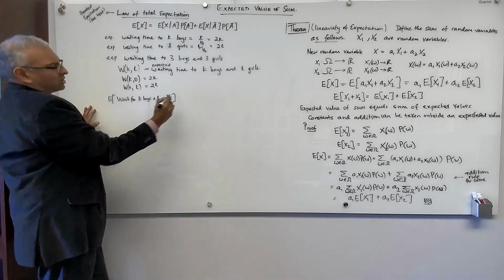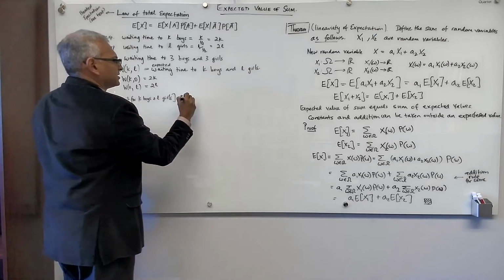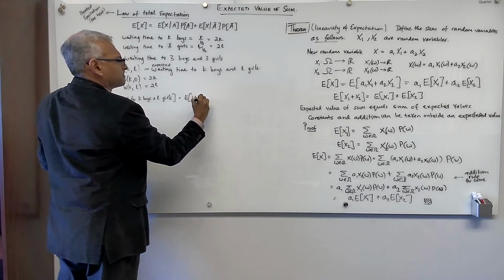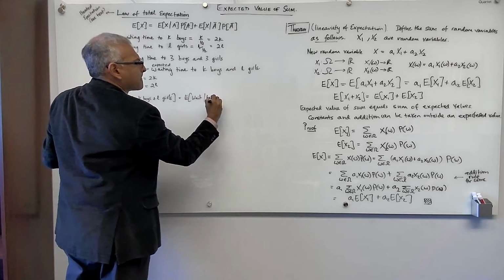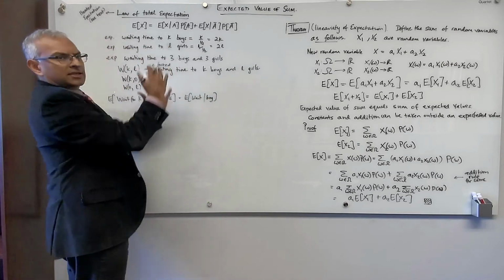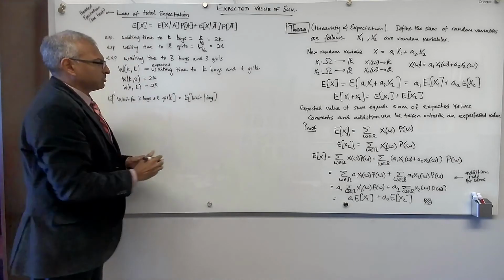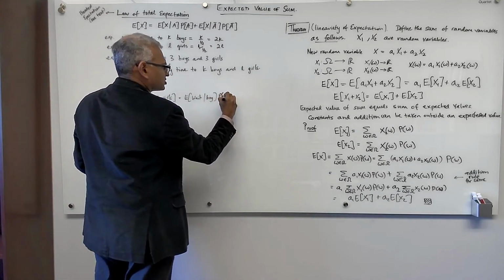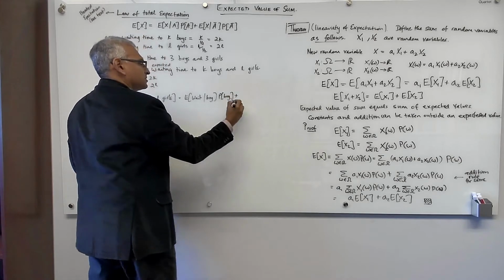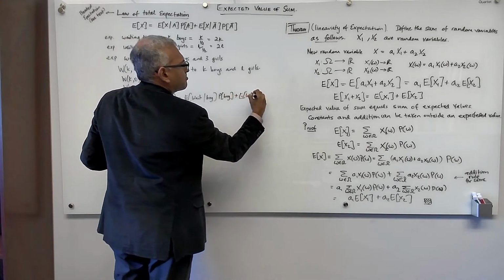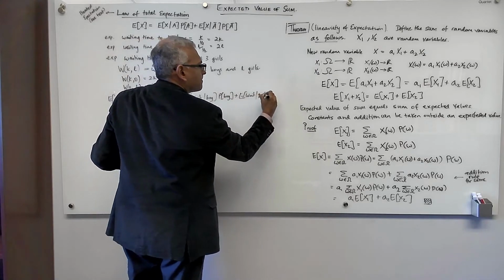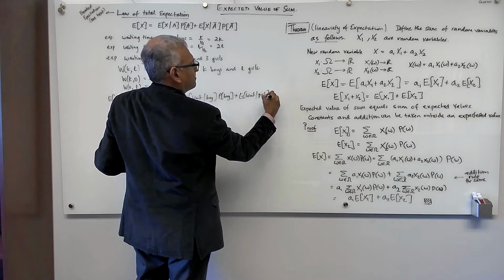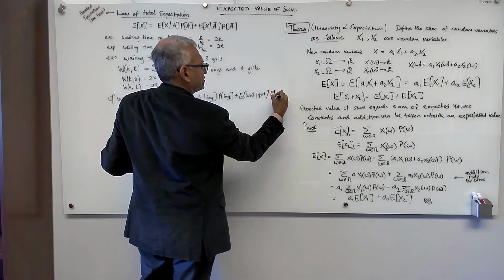Now we just use the law of total expectation. It says it's the expected value of the wait, given that the first child is a boy, case A, times the probability that the first child is a boy, plus the expected wait, given that the first child is not a boy, i.e. a girl, times the probability that the first child is a girl.